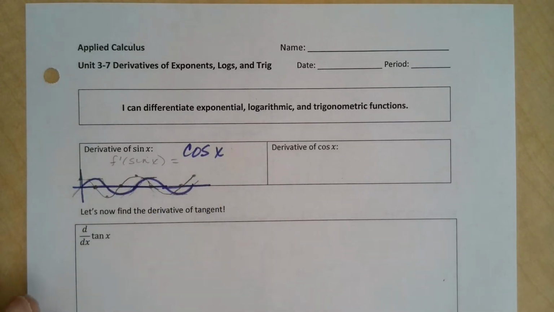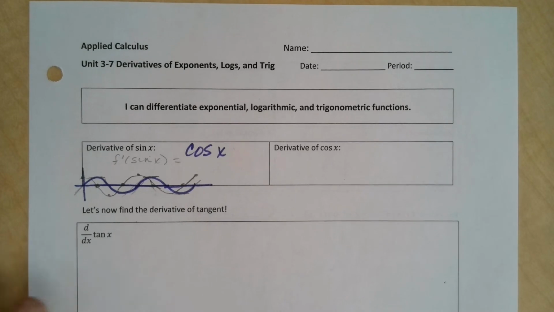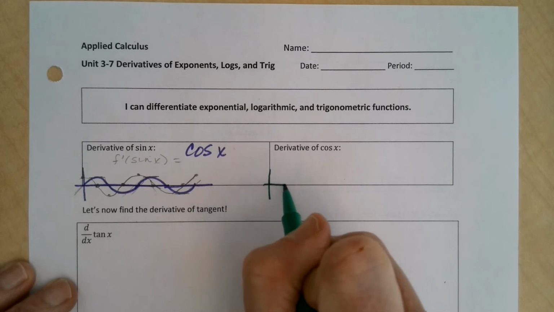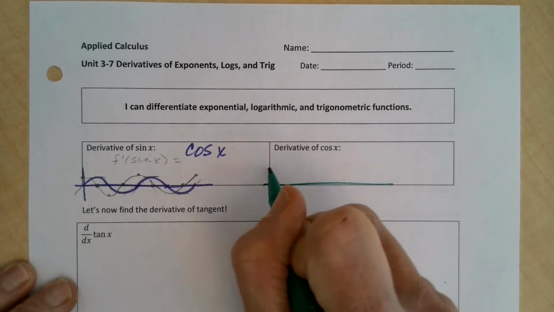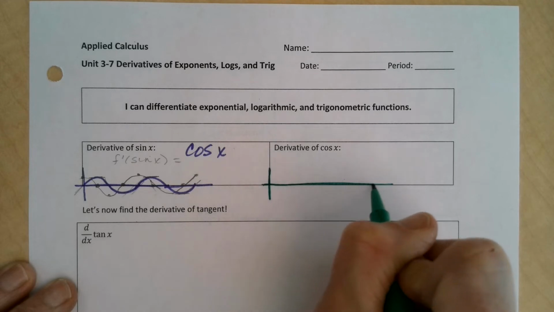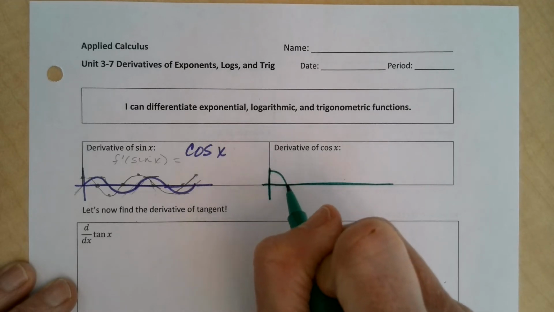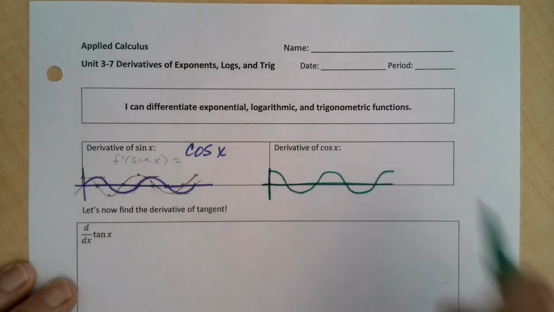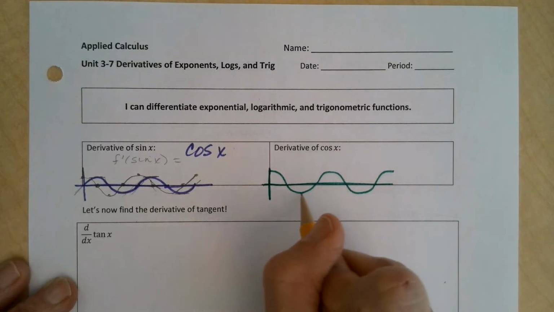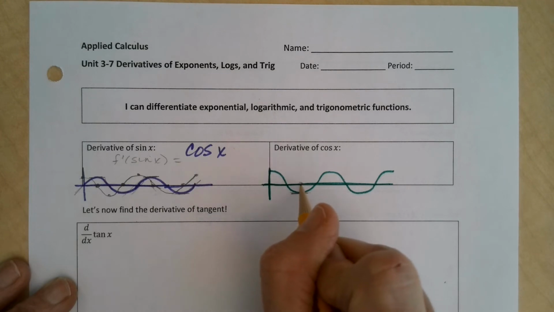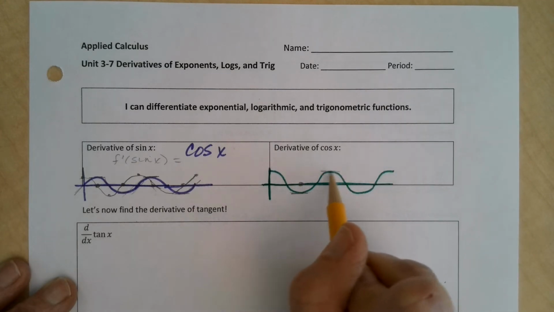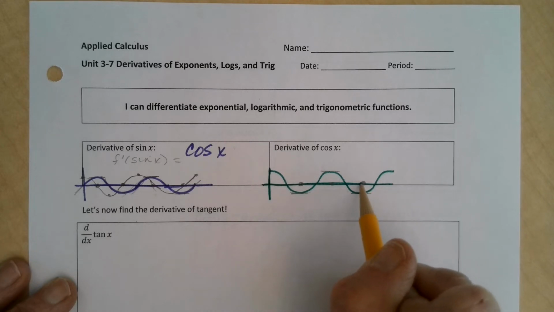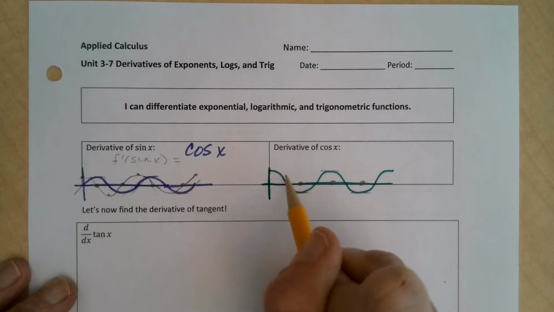Alright, so see if you can do the same thing that we just showed you with the cosine of x. Go ahead and turn this into a trig graph and start high with your cosine. Every single time that it zeros, every time that you have a flat tangent, the derivative is 0.